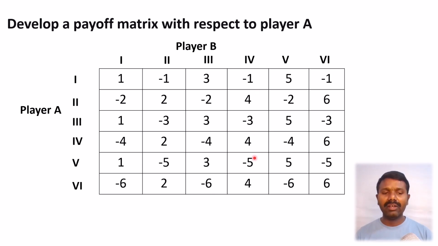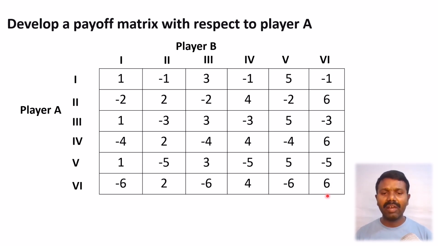And 6 plus 4 is 10, an even number, so he will get 4. And 6 plus 5 is an odd number, he will lose 6 rupees. And 6 plus 6 is 12, an even number, so he will gain 6 rupees.